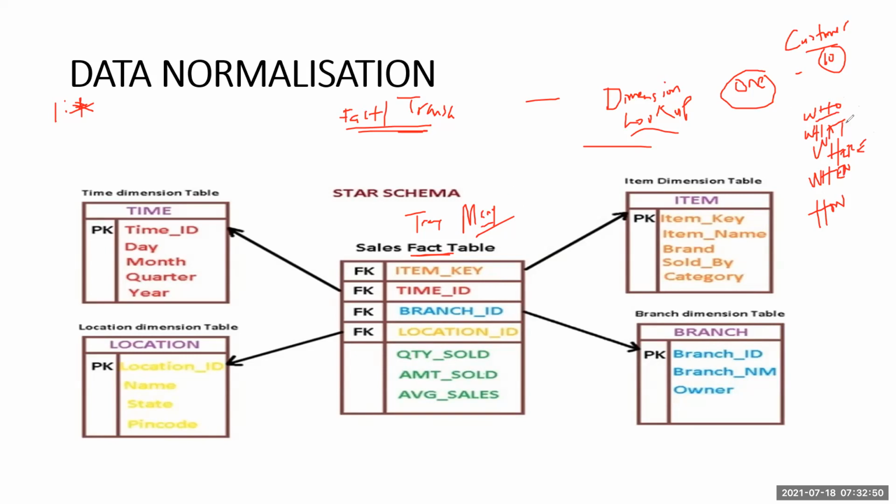What are they buying? You are looking at your product table. Where do they buy? You are looking at location. When do they buy? Date and time. This is the time dimension. How do they buy? That's your channels.